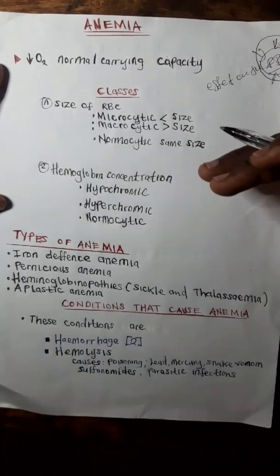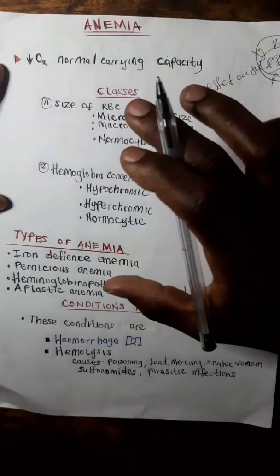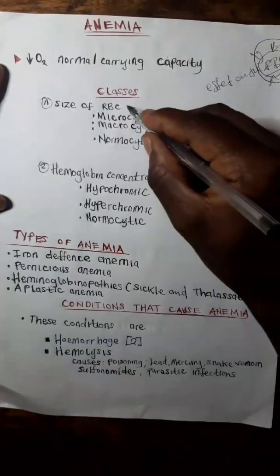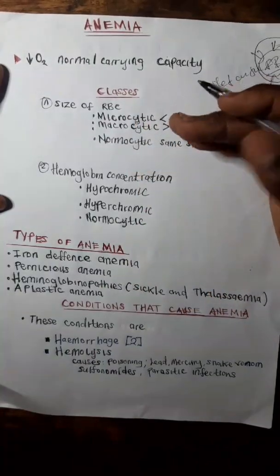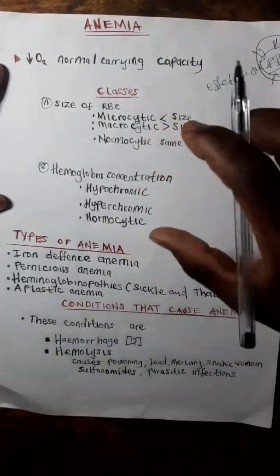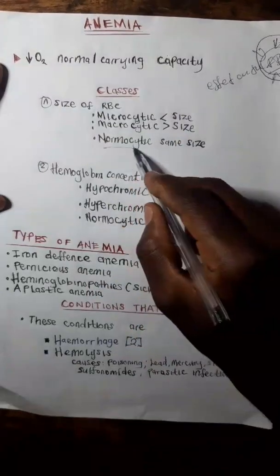So anemia can be classified into classes depending on the size of the red blood cells, and also depending on the concentration of the hemoglobin. We have normocytic.